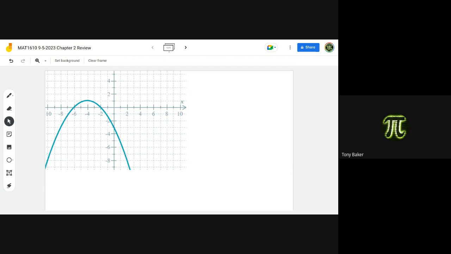So, what are the major parts of a parabola? What are some of the major information that we'd want to find? The intercepts, yes. We want to find the x-intercepts and y-intercepts. I heard vertex already. There we go.